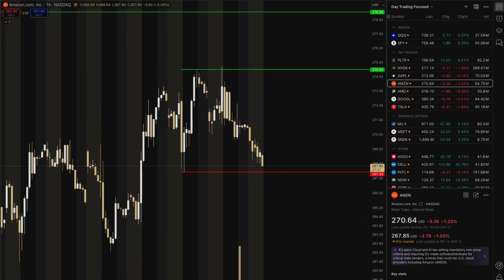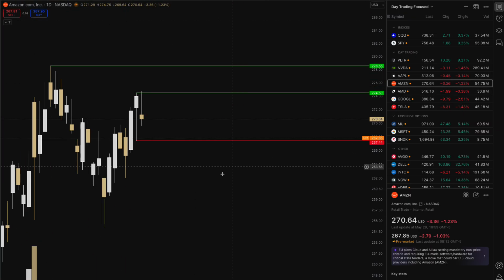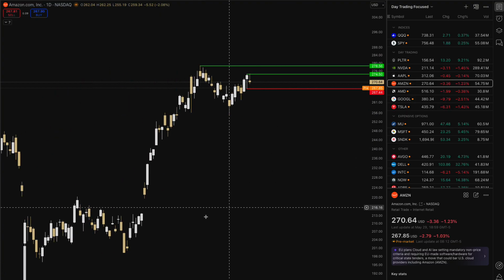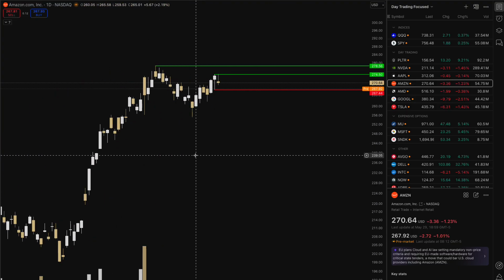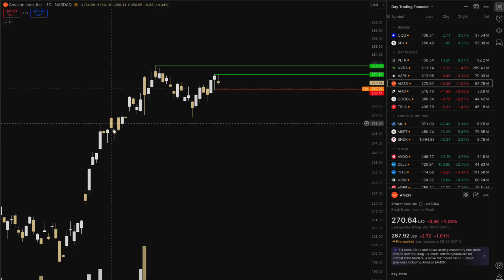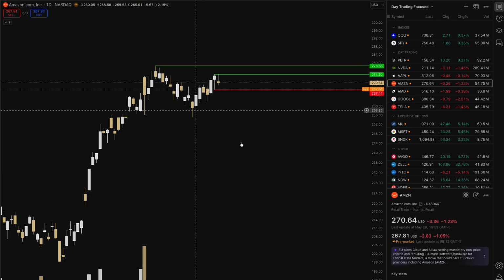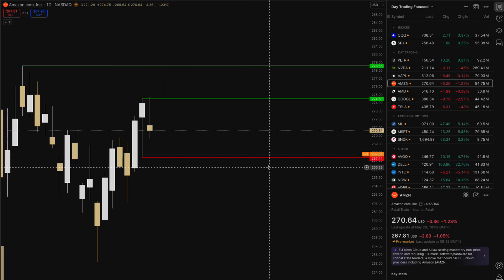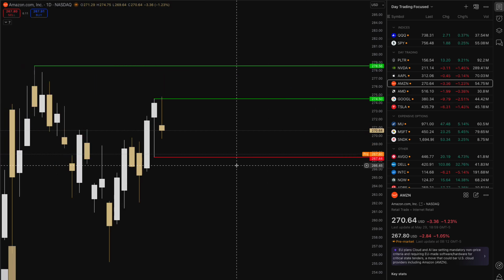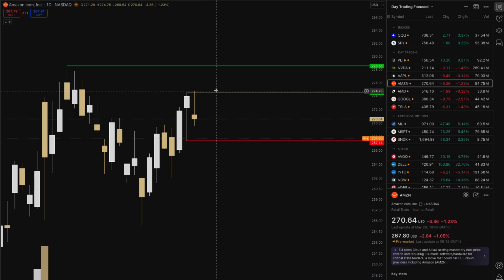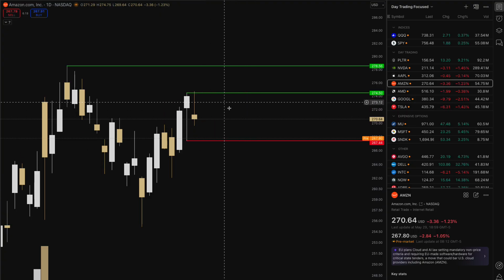Okay, on Amazon, as we can see, we had such a nice move up. We were making higher high, higher low, higher high, higher low. So now I have this previous day high mark and the previous day low mark. Same thing, I want to see either way.